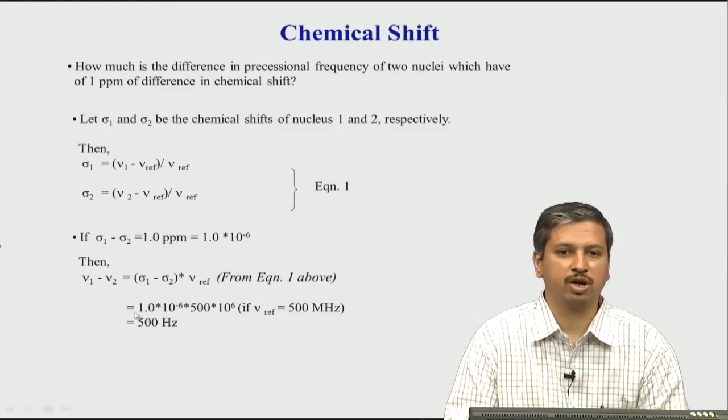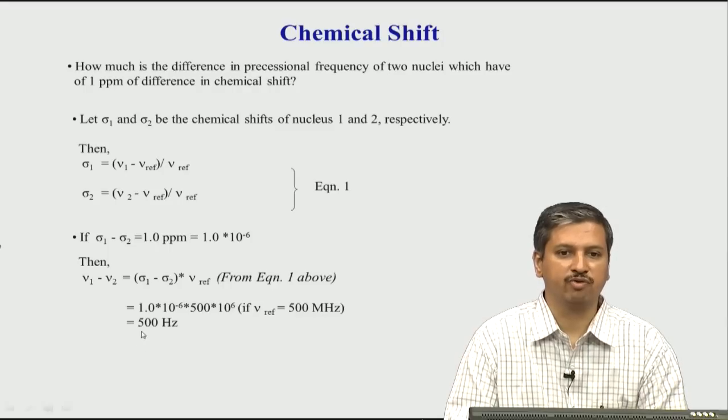And this is a very important point, because this number is coming from the spectrometer, and that will not be the same. If I go to 300 megahertz, I will have 300 as the value here. If I go to 700 megahertz, this will become 700. So, when I change the frequency of the spectrometer, this value will also change. What it means is that the ppm difference between two peaks does not change if you go from 300 to 400 to 500 or any spectrometer.